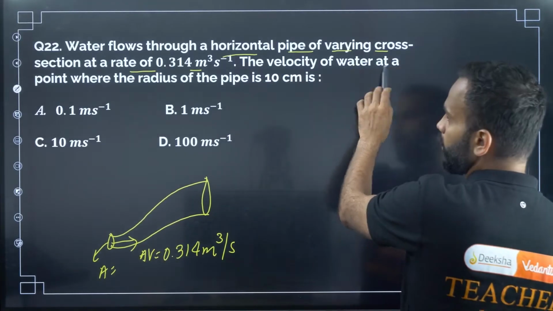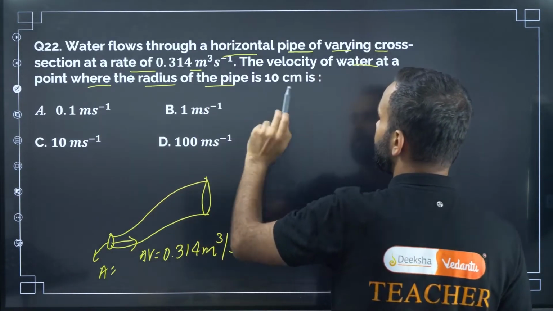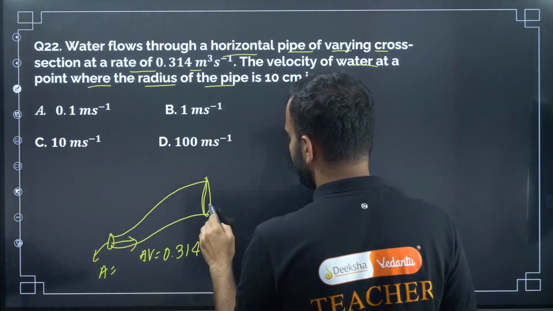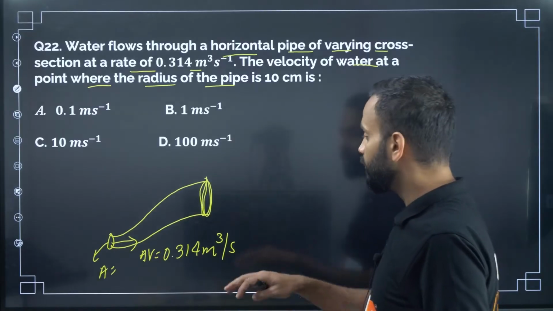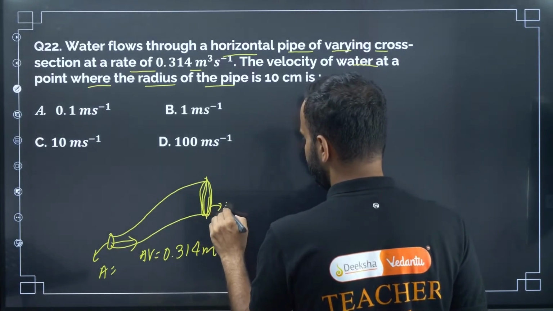The velocity of the water at a point where the radius of the pipe is 10 centimeter. Let's say this is another cross section of the pipe. The radius of this cross section is 10 centimeter.